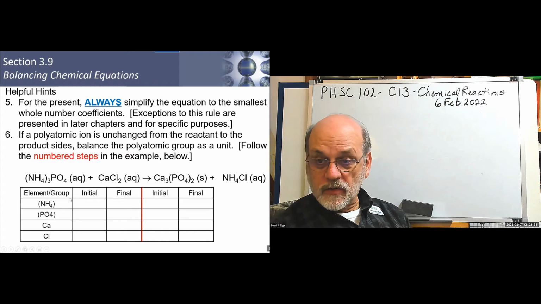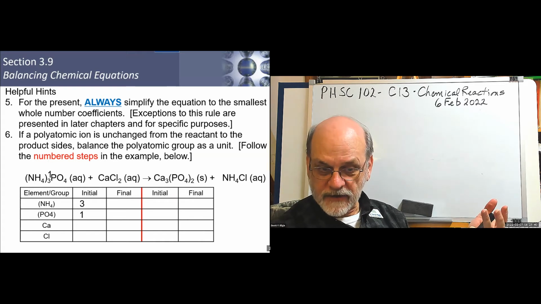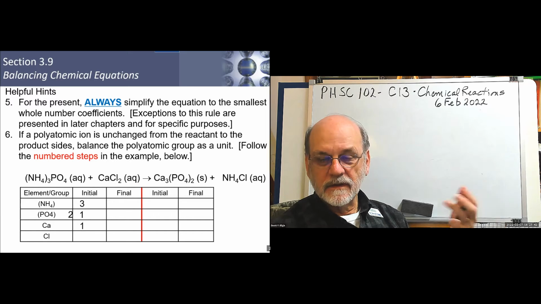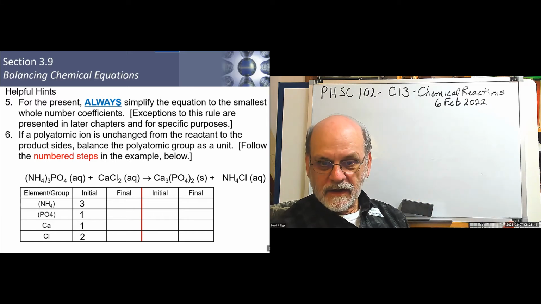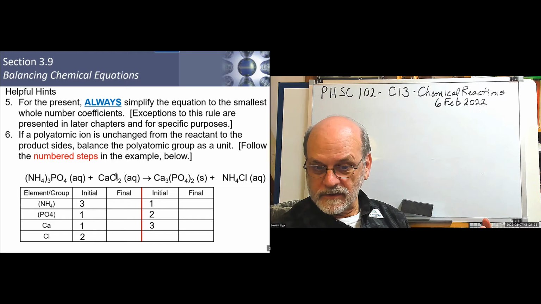So now we can do our initial budget tally. We've got 3 ammonias on this side, 1 phosphate, 1 calcium, 2 chlorines. And on the other side, we have 1 ammonia and 2 phosphates and 3 calciums and 1 chlorine.